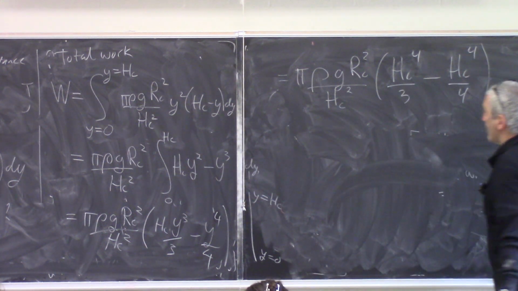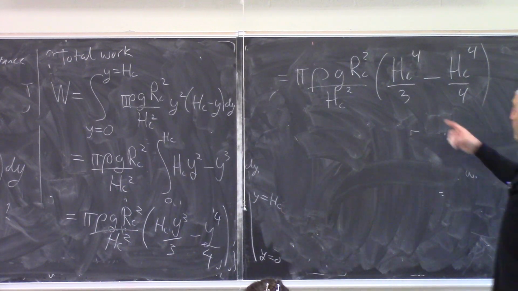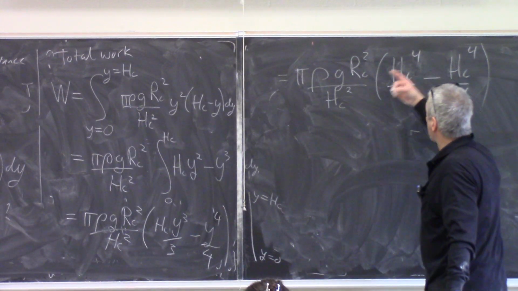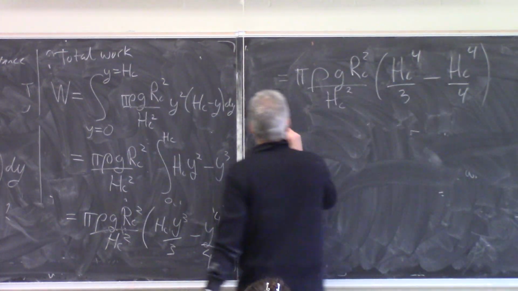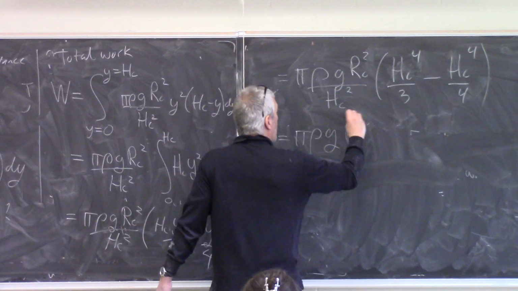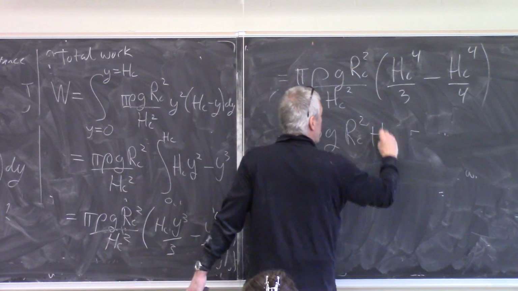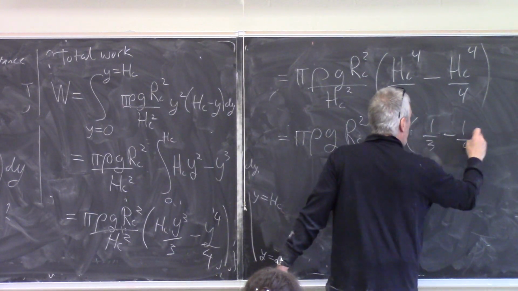Look at that. Isn't that pretty? Look at all those Hc's that are going to cancel. That Hc squared kills 2 of those factors, and I can pull those out front. So I get pi rho g Rc squared Hc squared, and then I have 1/3 minus 1/4.